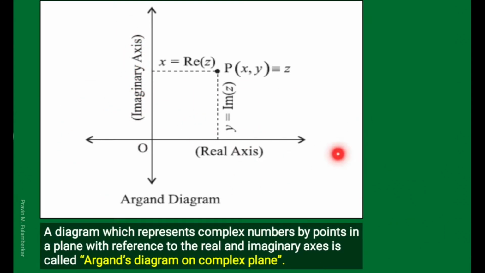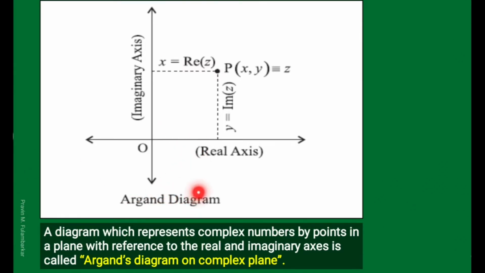So from the above discussion, a diagram which represents complex numbers by points in a plane with reference to the real and imaginary axes is called Argand's diagram or complex plane.